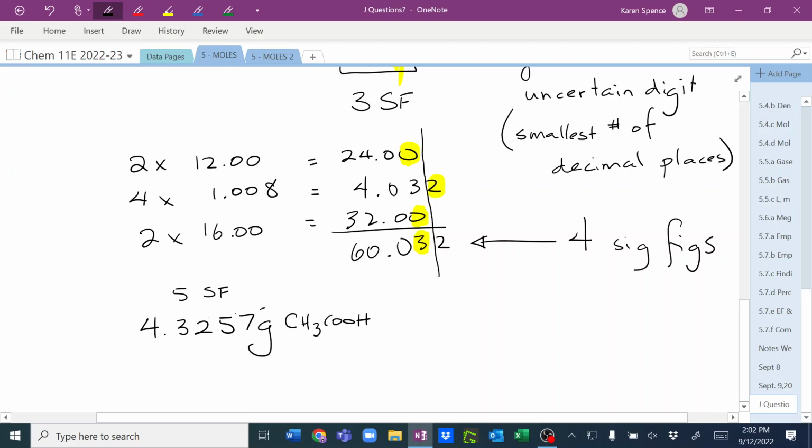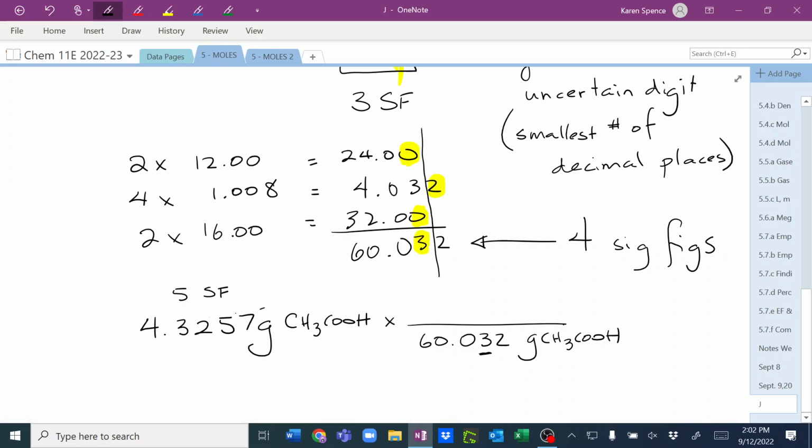And let's say you wanted to know how many moles that was. I would use the entire number here, but I would probably underline my uncertain digit for myself so I kept track of it, and then I would have 1 mole up here.